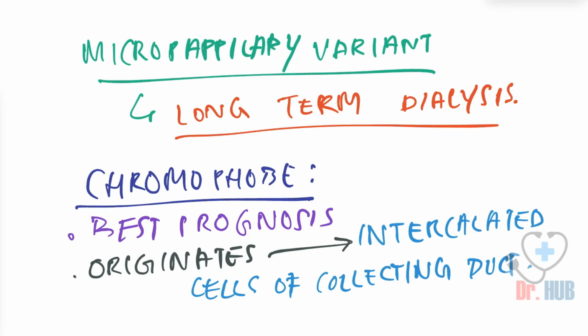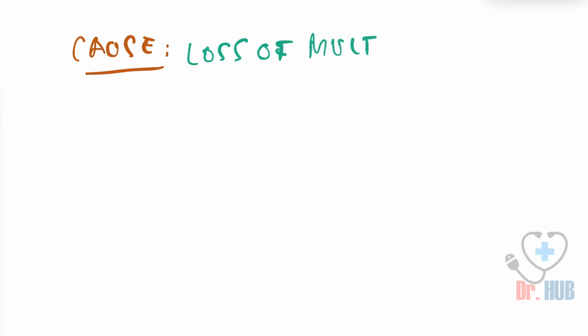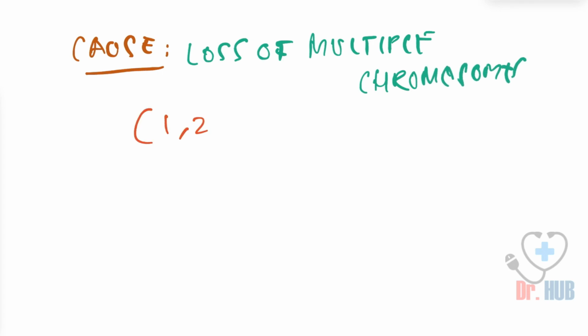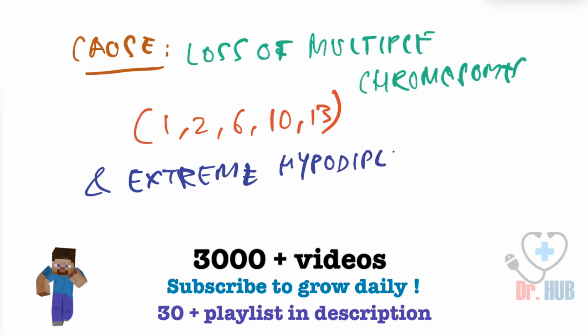Later we look at what it is caused by. The cause is the loss of multiple chromosomes. What does it mean? Chromosome 1, 2, 6, 10 and 13. Also, at the extreme, hypodiploidy.